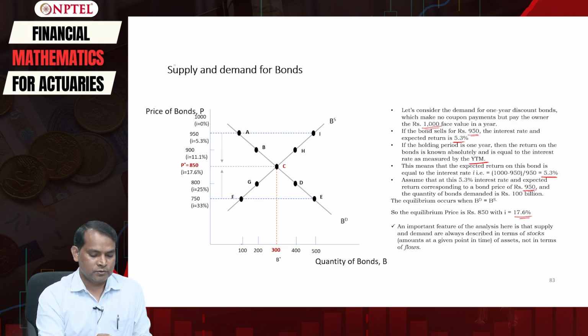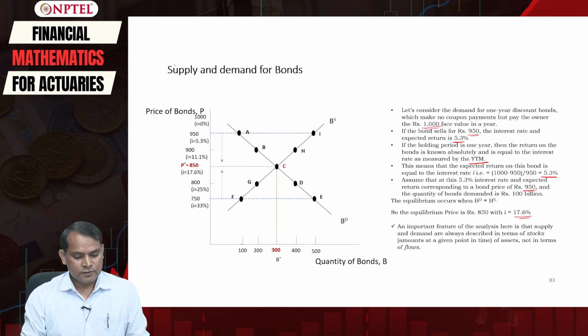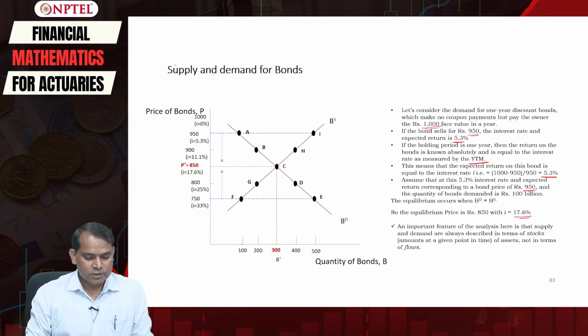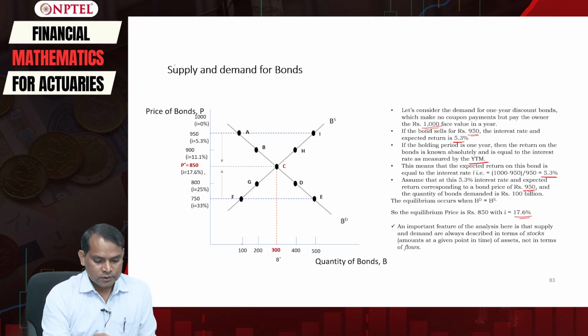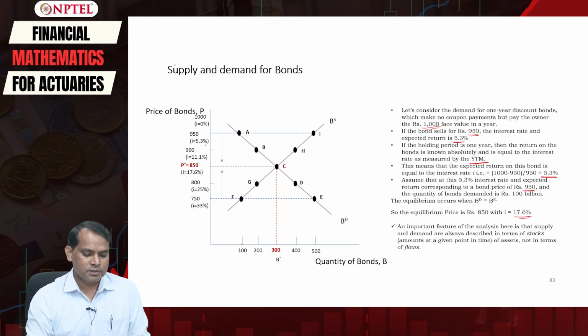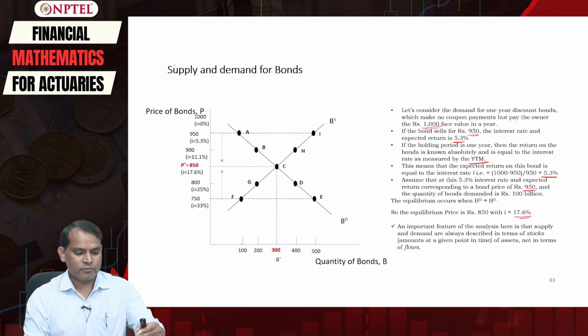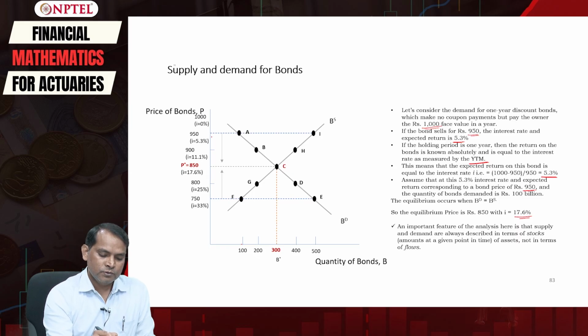At this price, the total quantity of bonds is 300 units. Here we will see that as the price increases, the interest rate decreases.